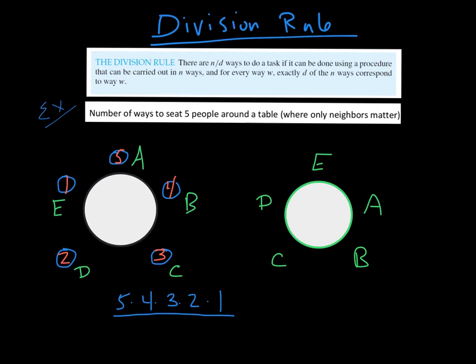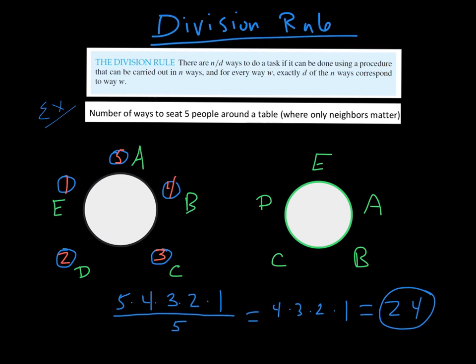And since there are 1, 2, 3, 4, 5 different places I could start seating person A and keep the same arrangement, I would divide this by 5. So there are only going to be 4 times 3 times 2 times 1 different ways to seat 5 people around a table where only neighbors matter. That works out to, I believe, 24. 4 times 3 is 12, times 2 is 24. So there are 24 different ways to seat those 5 people around a table.